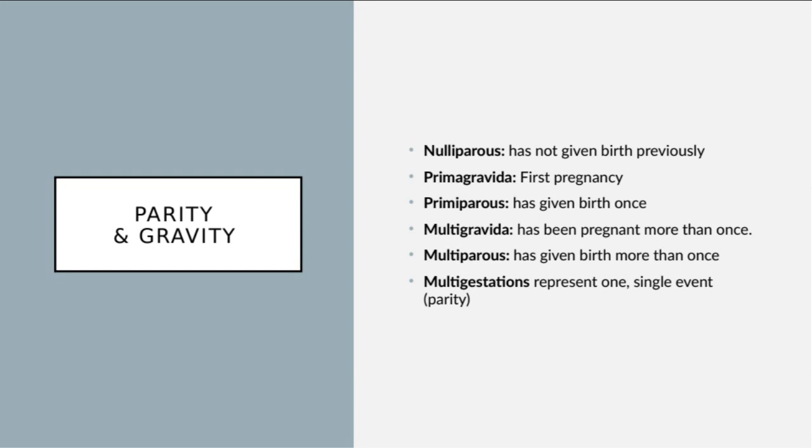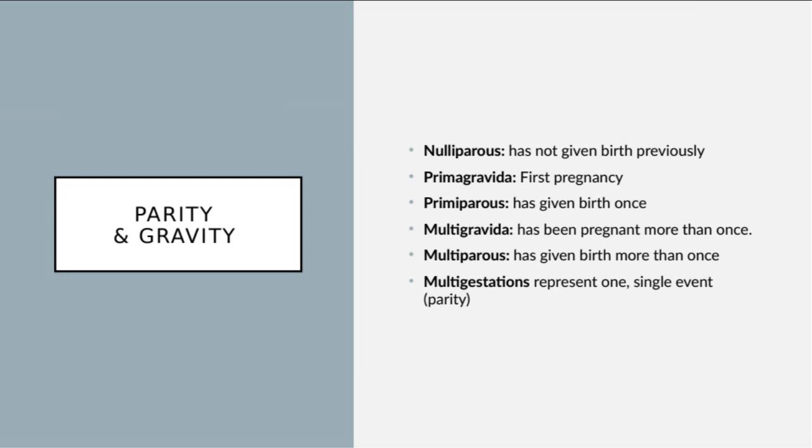Primigravida, this means, again, that this is their first pregnancy. If this is your first pregnancy, you are also nulliparous, right? Because you haven't given birth before. We have primiparous, which means that we have given birth once before, regardless of the number of pregnancies, right? Because the parity, we're not talking about the number, we're talking about the birth.